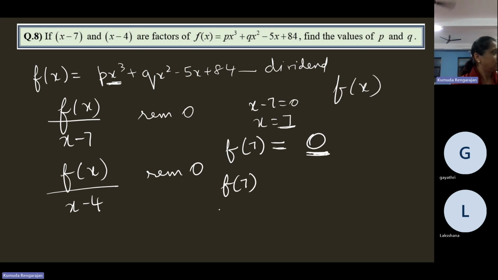You're finding the value of the polynomial f of x at x equal to 7. And the value of the polynomial is 0 because x minus 7 is a factor. What you get here will be the value of the polynomial, which is the remainder on division, and the remainder on division is 0.